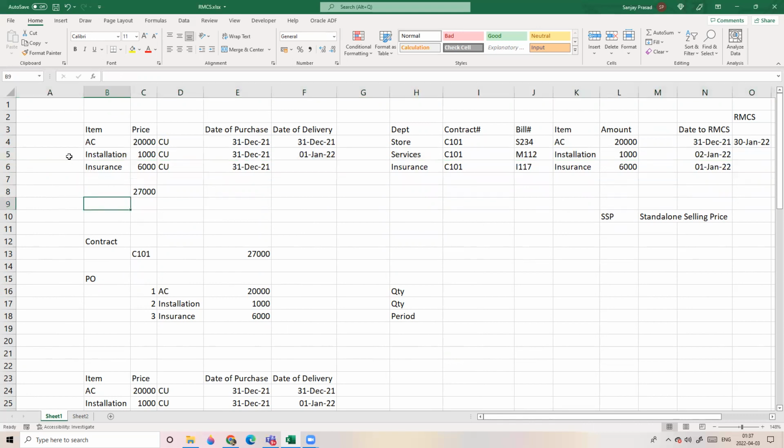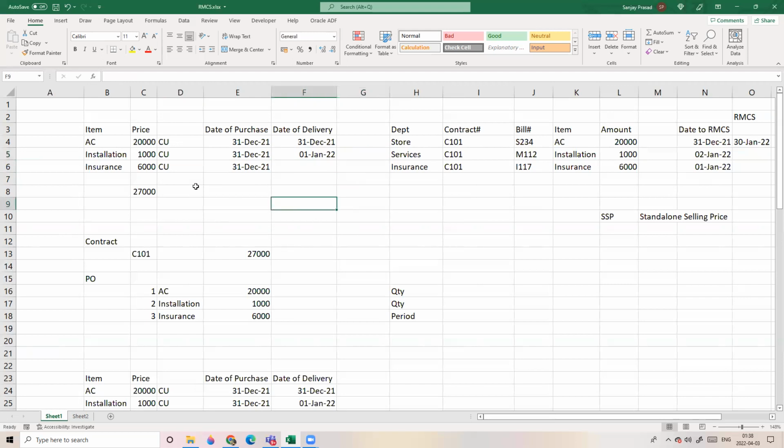But what happens if, assume that on 1st January 22, 50% of installation is done and 50% could not be done because of different reasons? Should we not recognize the revenue for 50%? Answer is yes.